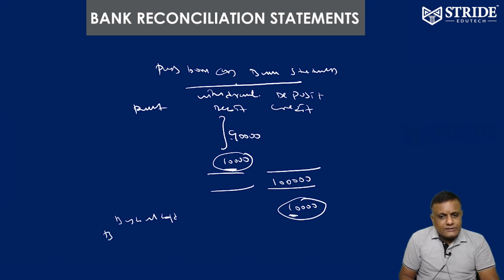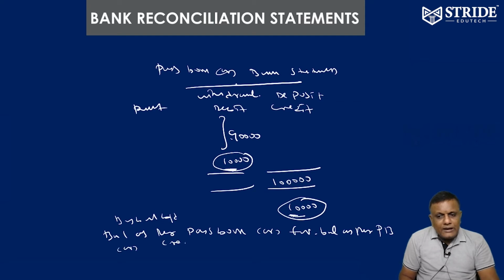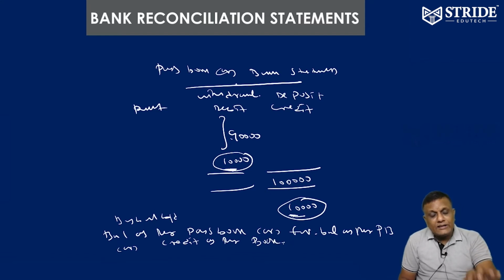So this is called balance as per passbook, 10,000, or favorable balance as per passbook, or credit balance as per passbook. It means you have cash in your bank account. How much excess cash are you having? 10,000. Any name you can call it.